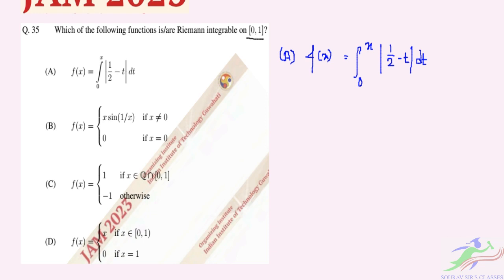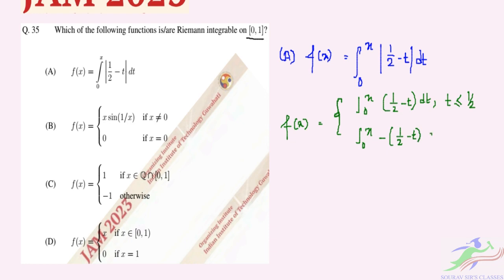Now, if we remove the mod function from here, f(x) can be written as the integral from 0 to x of (half minus t) dt when t is less than or equal to half, and the integral from 0 to x of minus (half minus t) dt when t is greater than half, right?